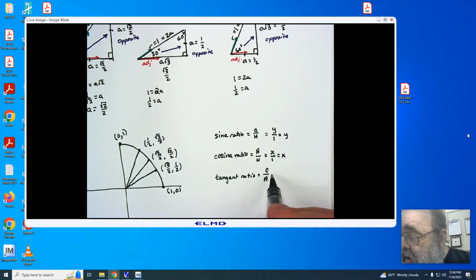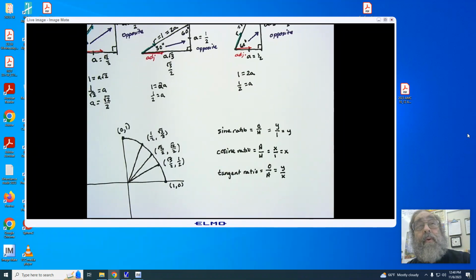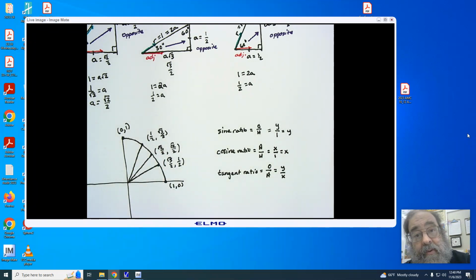And the tangent ratio is then simply y divided by x. And now we can talk about these points in the first quadrant as x and y, as opposed to opposite over hypotenuse or opposite over the radius.